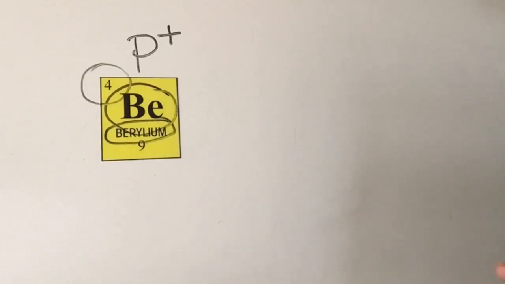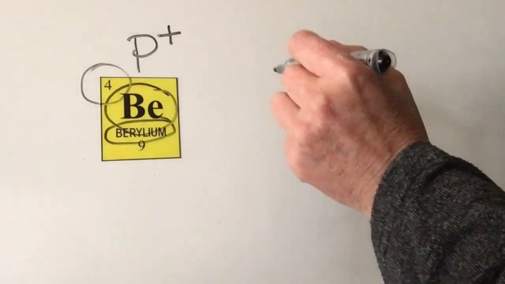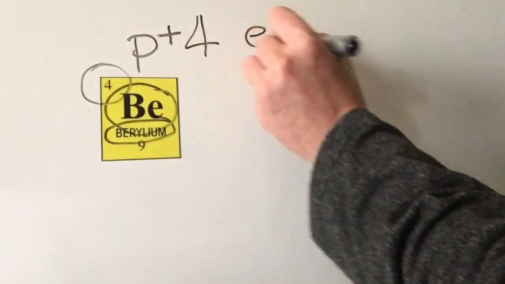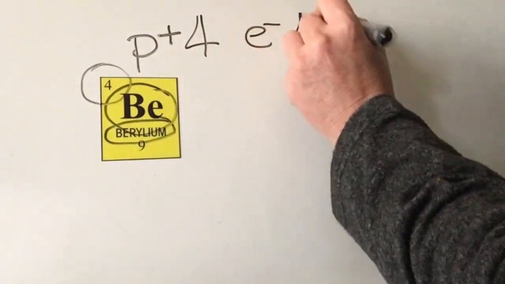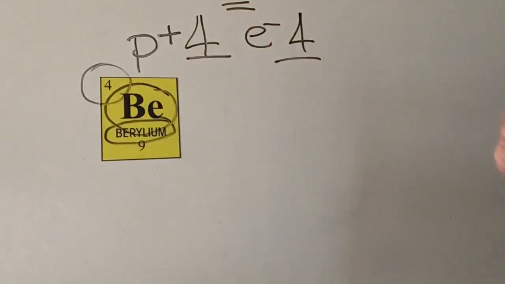But each of the elements on the periodic table has its own configuration of protons, electrons, and neutrons. Now, if you remember from previous lessons, if we have 4 protons, we will have 4 electrons. Those always equal each other.